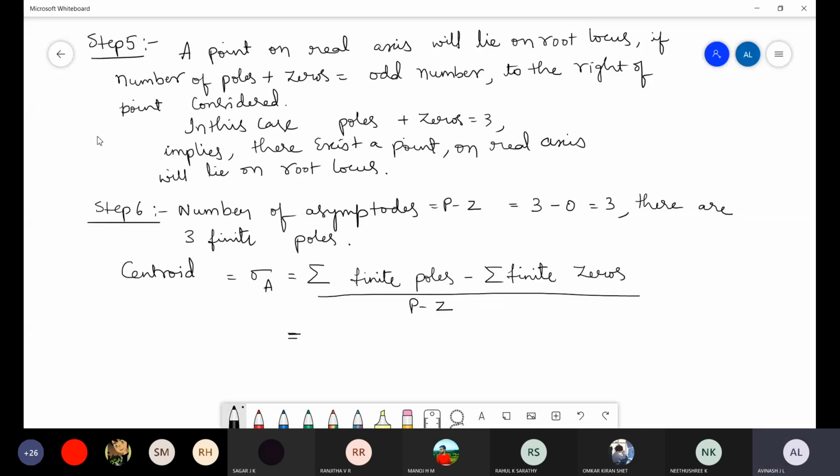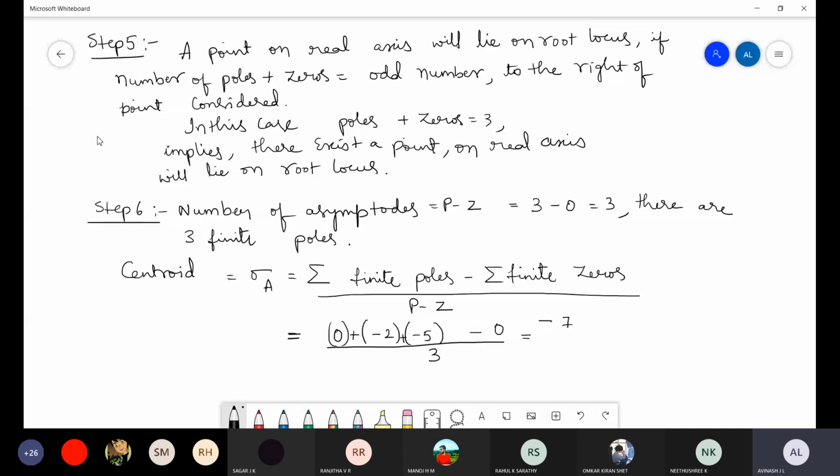So now here you can see the summation of finite poles. 0 is one pole, plus minus 2 is another pole, plus minus 5 is another pole. Minus the summation of finite zeros, which is 0, divided by 3. So 0 minus 2 minus 5 is minus 7, divided by 3.